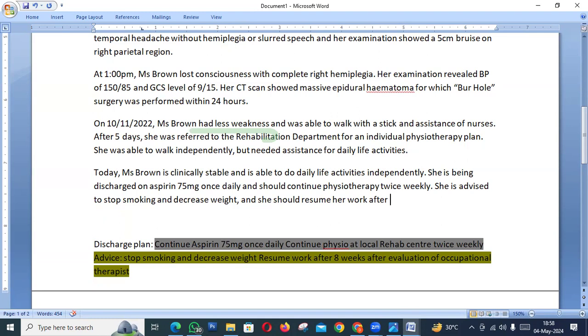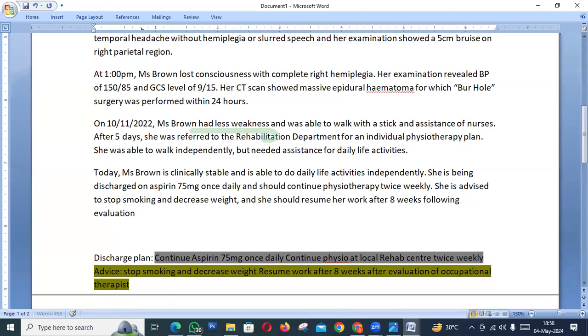I want to avoid a repetition of after and after, but it will take time to think. Okay. She should resume her work after 8 weeks. Following, then, evaluation of occupation. Yeah, very good. Following evaluation of occupational therapist.